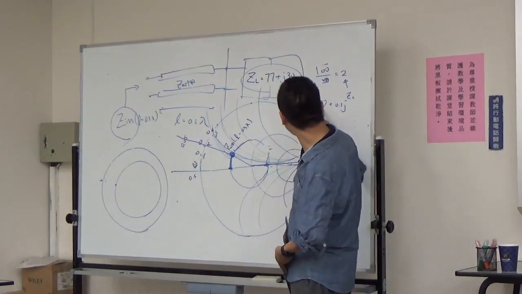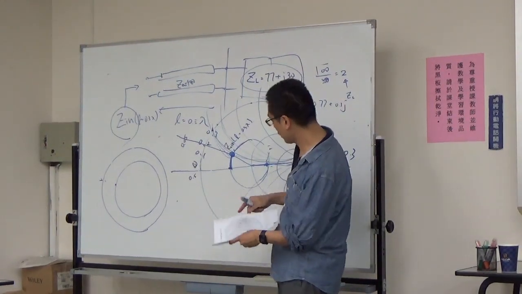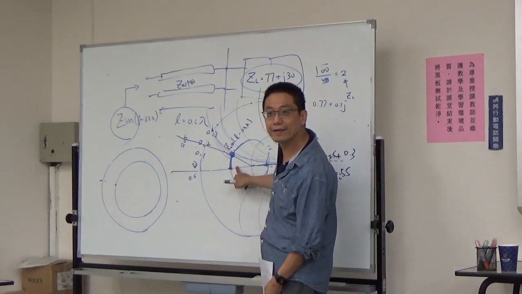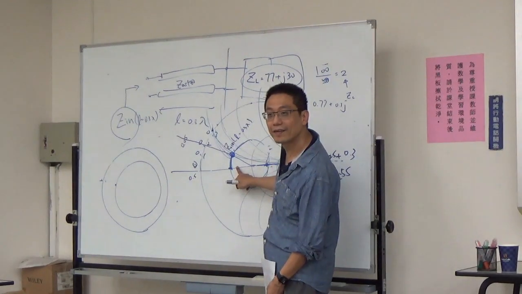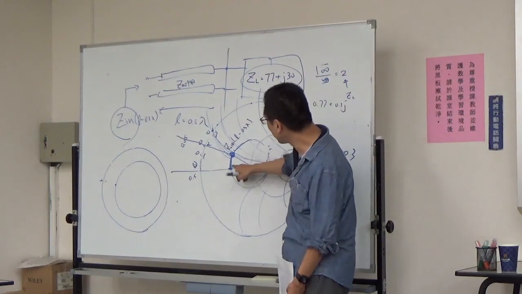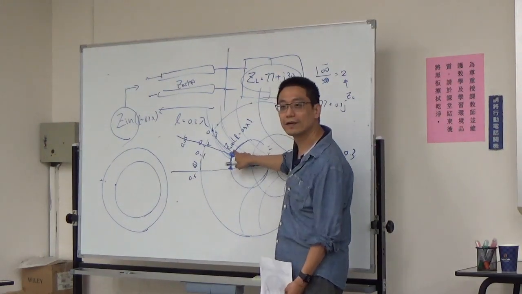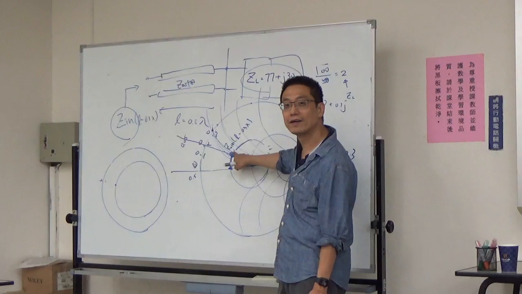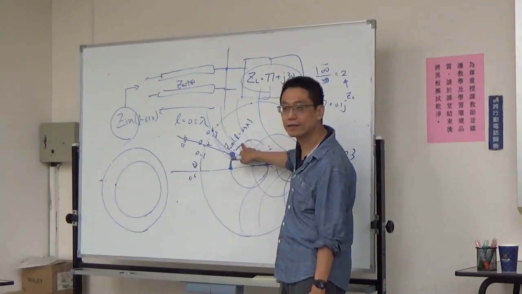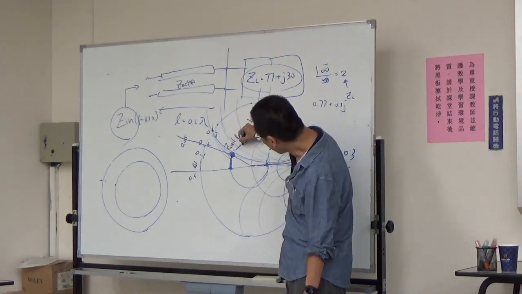The 0.77 will be on the left side, right? And the 0.3J is something up here, 0.3, or maybe here. Okay.